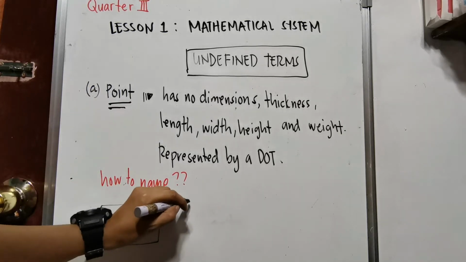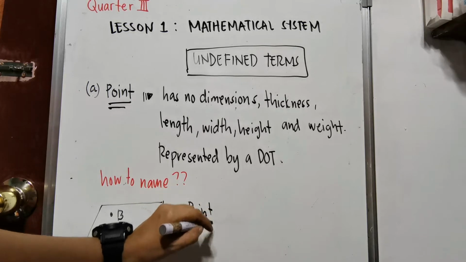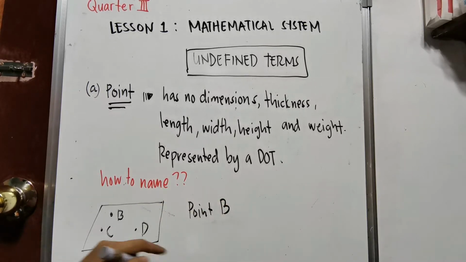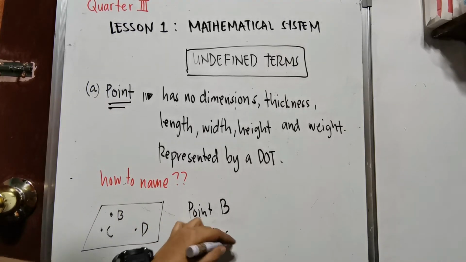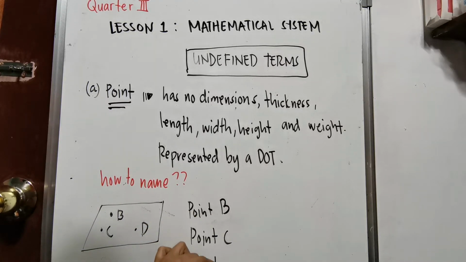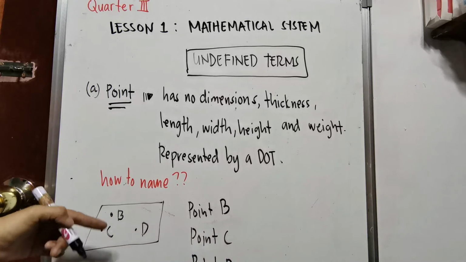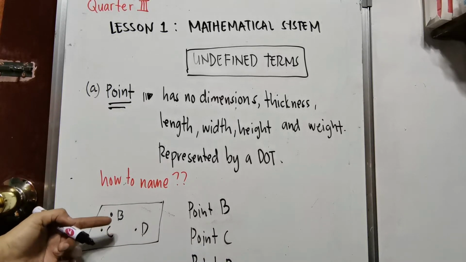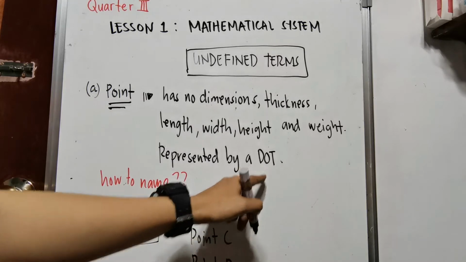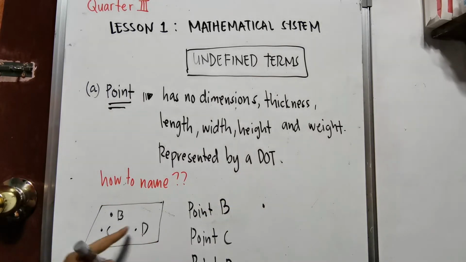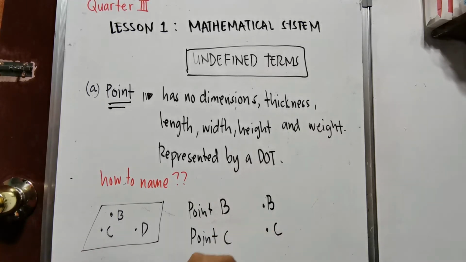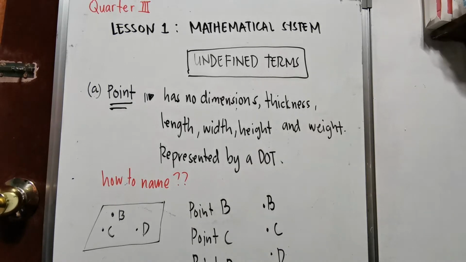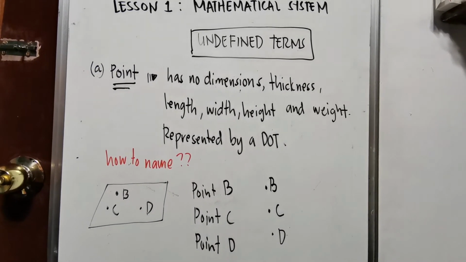It can be using the word point and then its name, point B, point C, and point D. Or you can use the symbol for point and then the name, or one capital letter. So we have point B, point C, and point D. So ganyan lang magpangalan ng point.